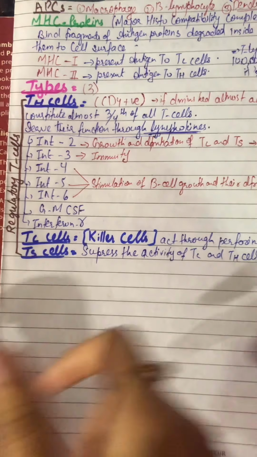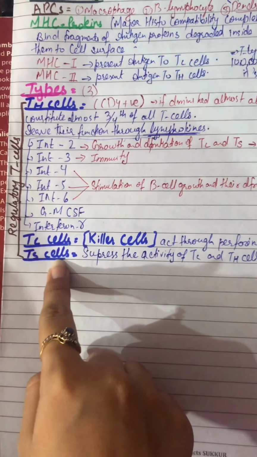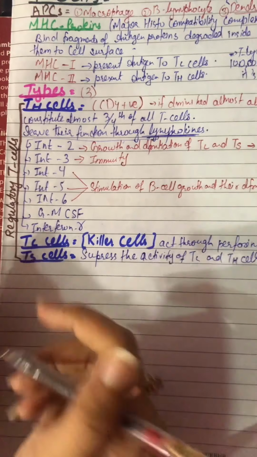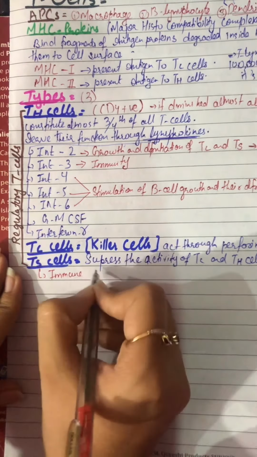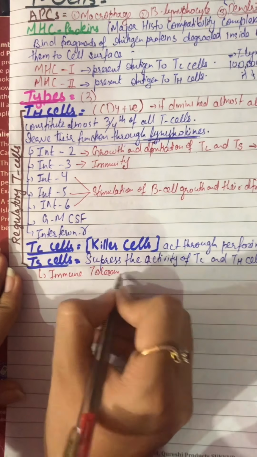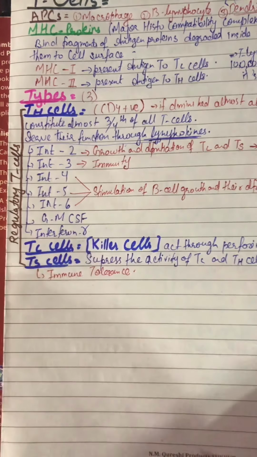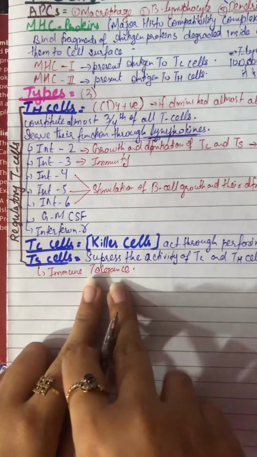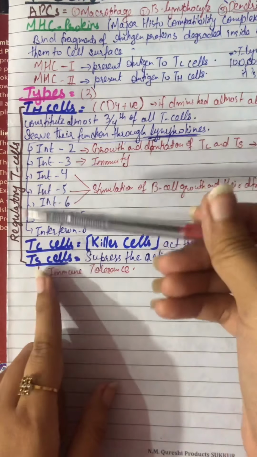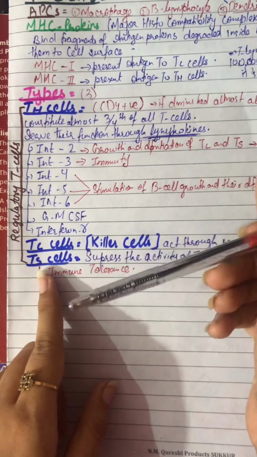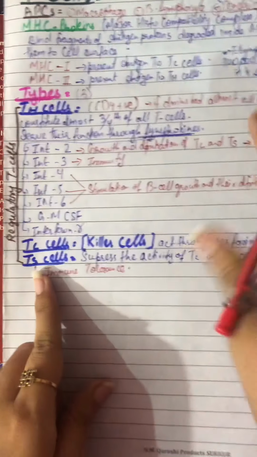Right, so it helps in the immune tolerance. Now if this immune tolerance mechanism fails because of any reason, and the Ts cells are not present, then the autoimmune diseases are caused.